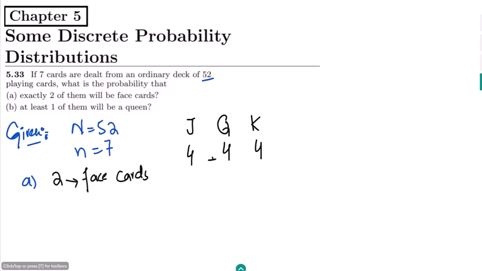So in total there would be 12, which are basically face cards, or court cards. From those 12 we should have 2, and the remaining cards are 40, because 40 plus 12 is 52, and from these 40 the remaining cards would be 7 minus 2, which is 5. So let me arrange them as well.